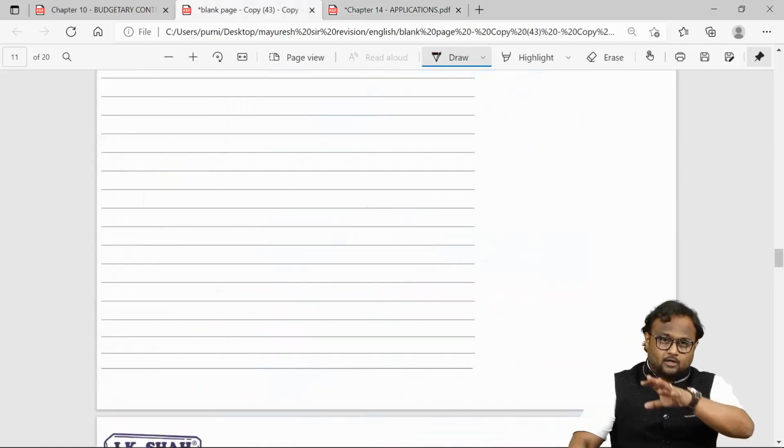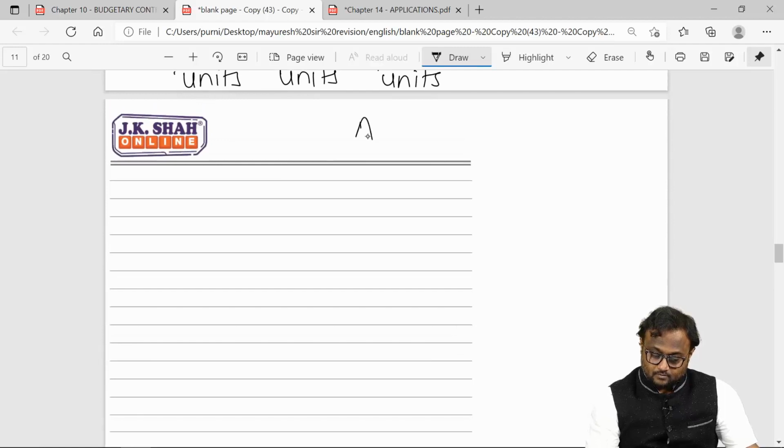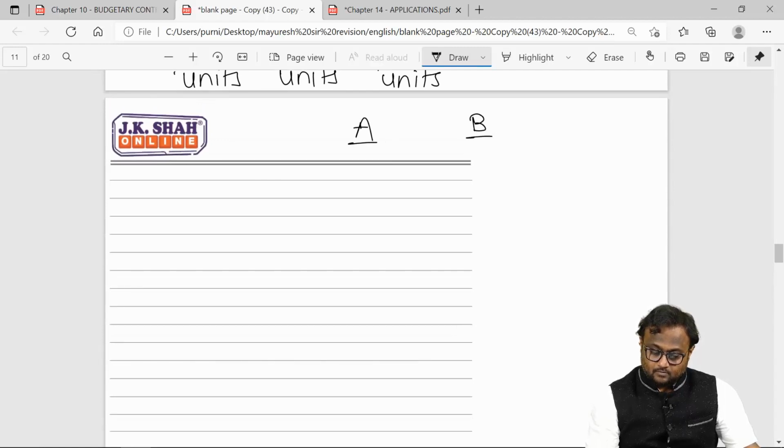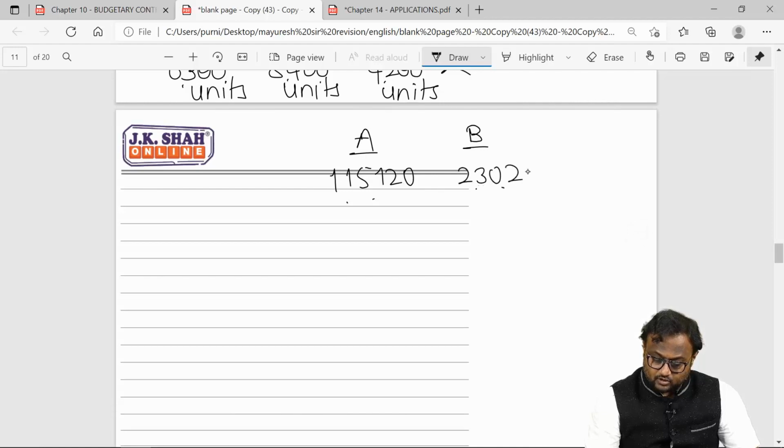Pause. So if you do all that calculation, you will realize that grade A will require, say, 115, 120 hours, and grade B will require 2,30,240 hours.